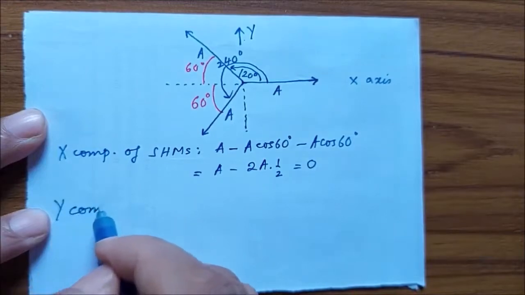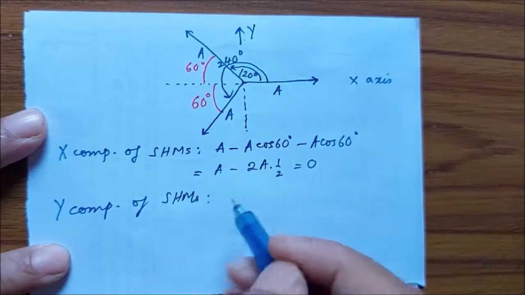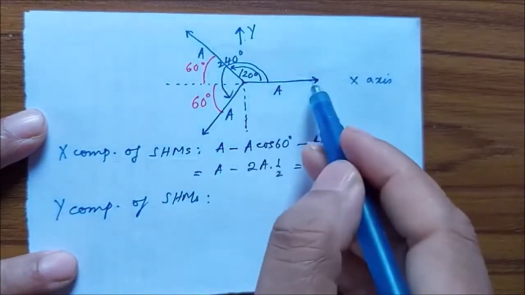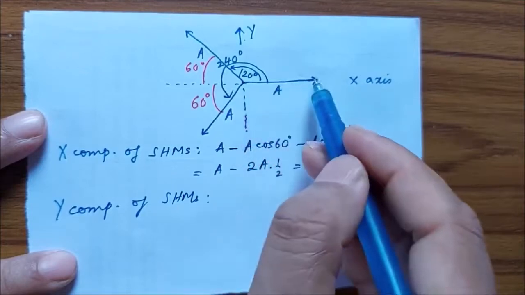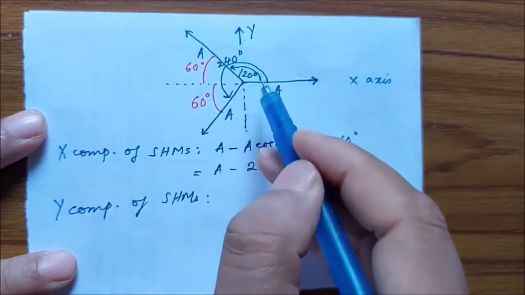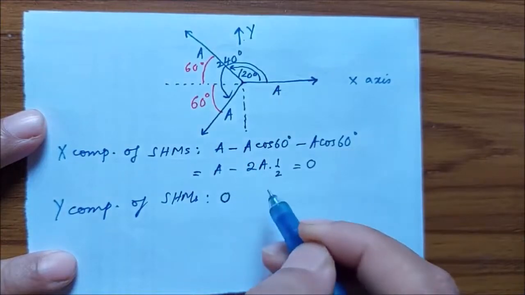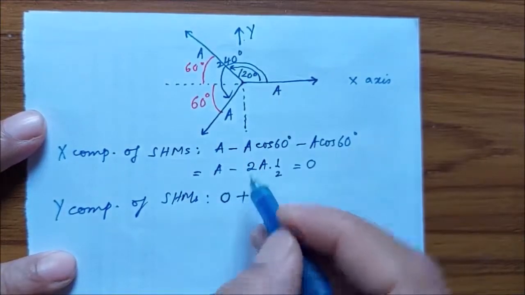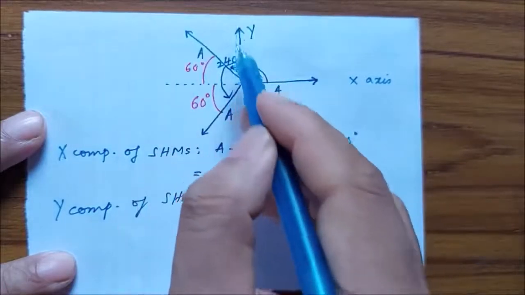What is the y component? So y component of SHMs, y component of the first one is 0, because it is along x-axis and y-axis is at 90 degrees and cos 90 is 0. So the first one has 0 contribution. Now the second one is this SHM along y-axis.